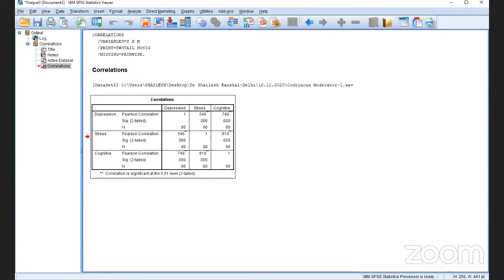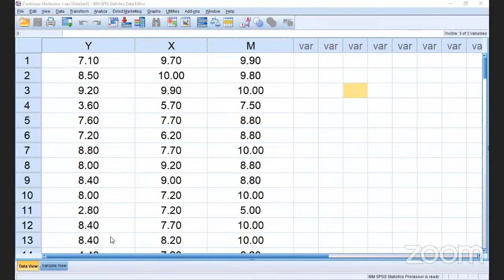I'm stopping sharing this and using my file. So we have seen the relationship between y and x. There is a positive correlation and it is significant also.